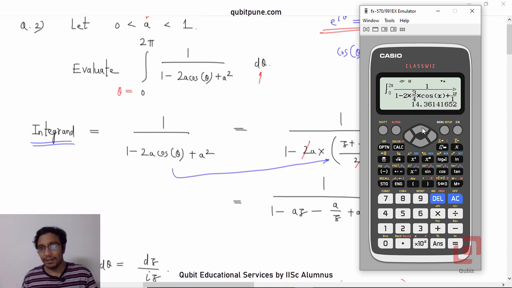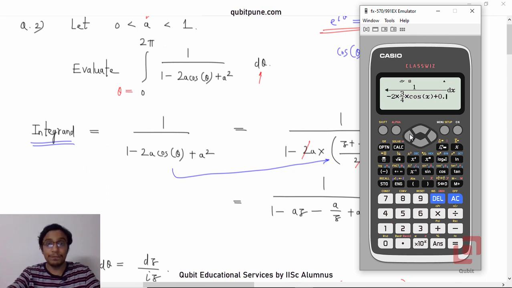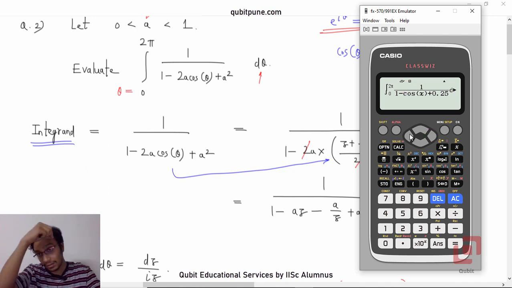Let's try with a different value maybe. Let's take 1 by 2 and see what value we get. So here we won't have 9 by 16. Now we will have 1 upon 4, we are squaring it, so 0.25. And here instead of 3 by 4 we'll have only 1 by 2, so 1 by 2 into 2 is 1. So 1 minus cos x.